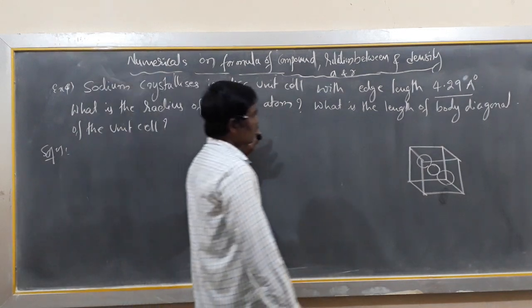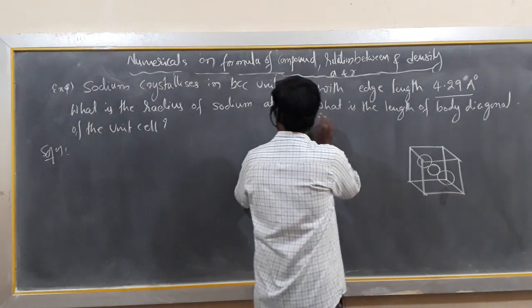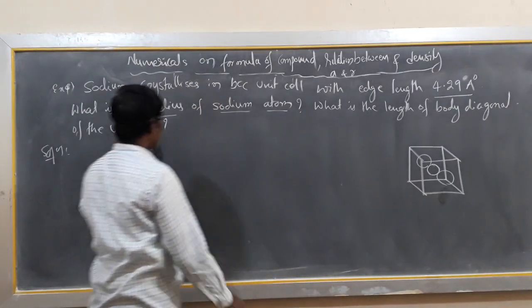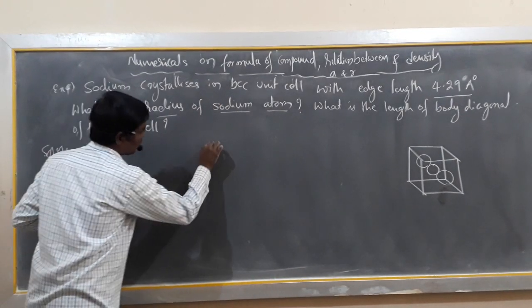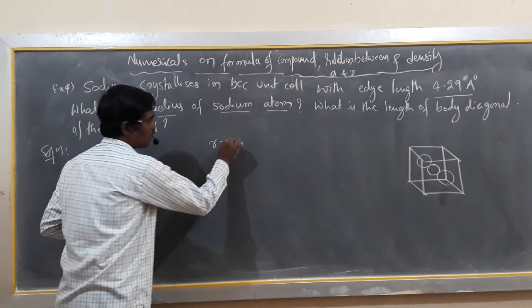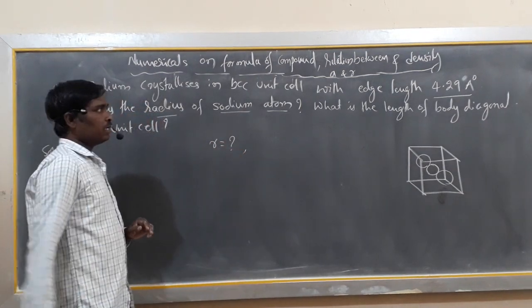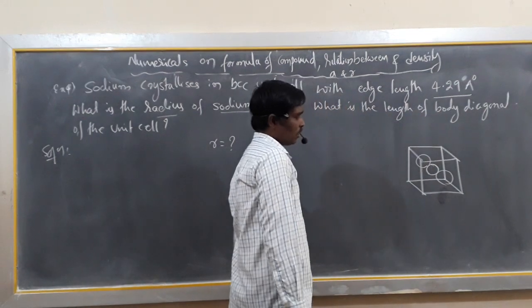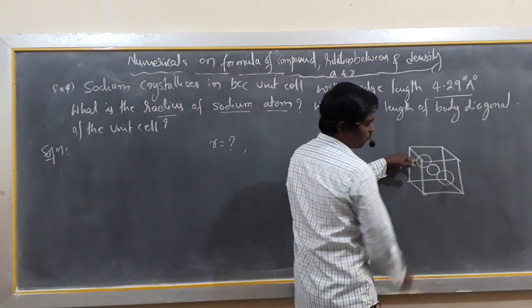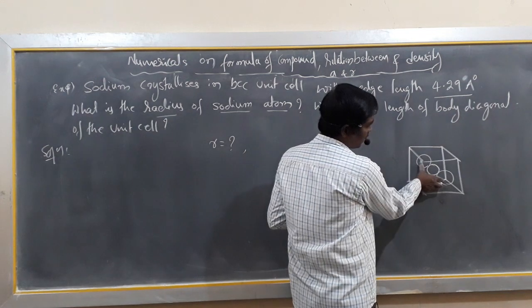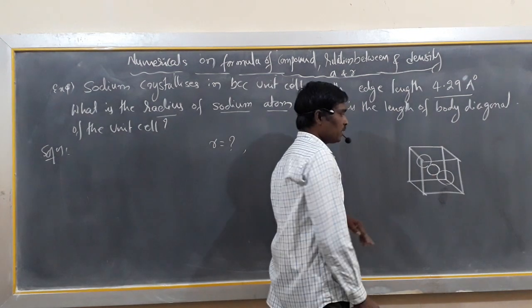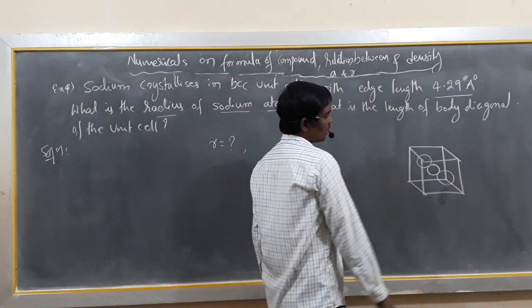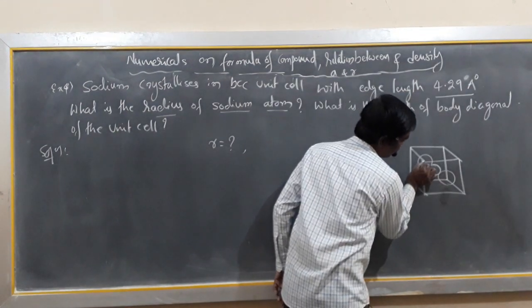So here the question is to calculate the radius of a sodium atom, R equal to question mark. And another one is, what is the length of the body diagonal? This we call the length of the body diagonal. This length of the body diagonal is obtained by joining the radii of these 3 spheres.